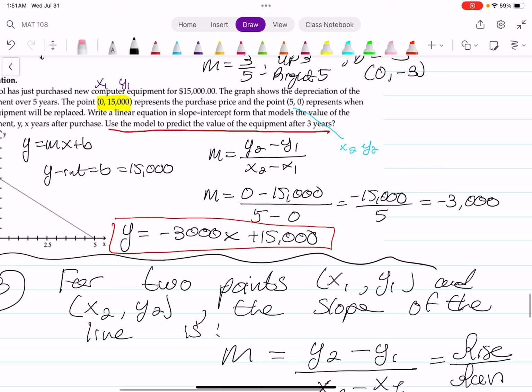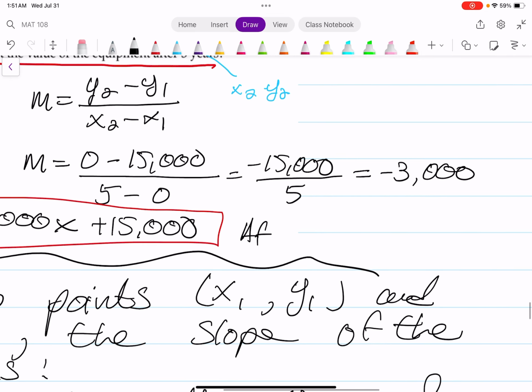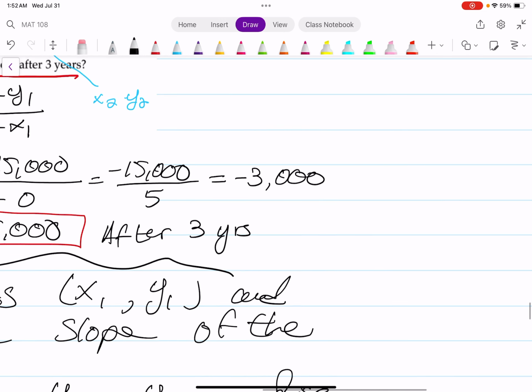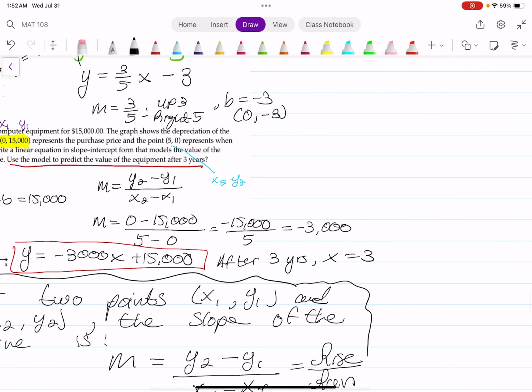So what does that mean? If it's after 3 years, that means x equals 3. We're going to substitute 3 into our equation. y equals negative 3,000 times 3 plus 15,000.